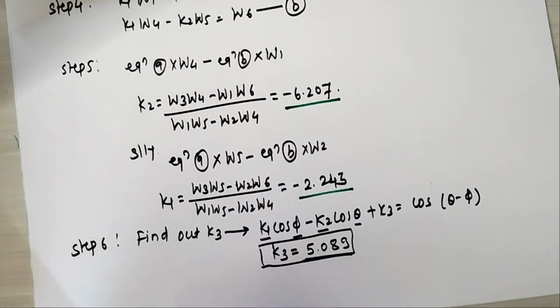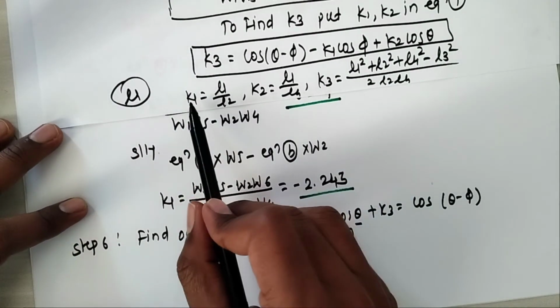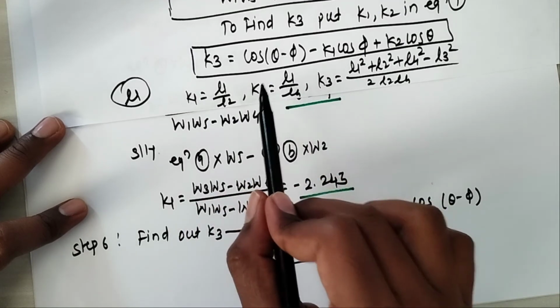When K1, K2, K3 are known to you, the last step, as we discussed in theory, you can use these three formulas to get the values of L1, L2, L3, L4.